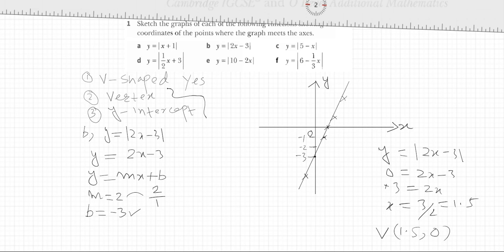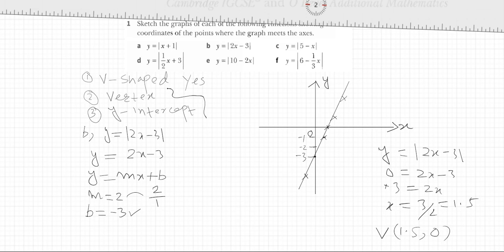So how much portion is below the x-axis? This one. So first we have to draw a mirror line in order to get a good reflection.